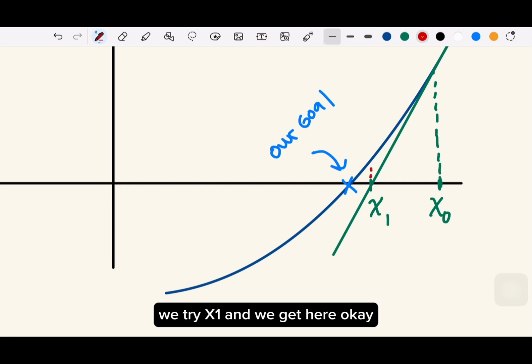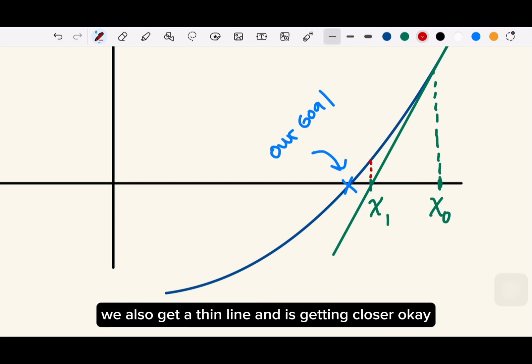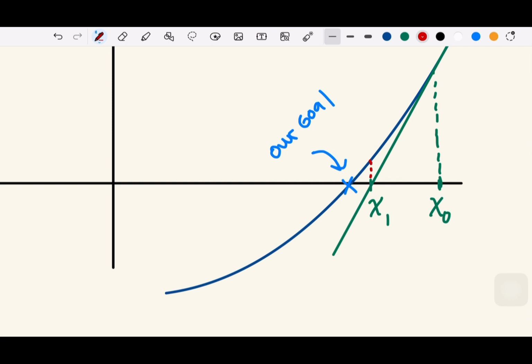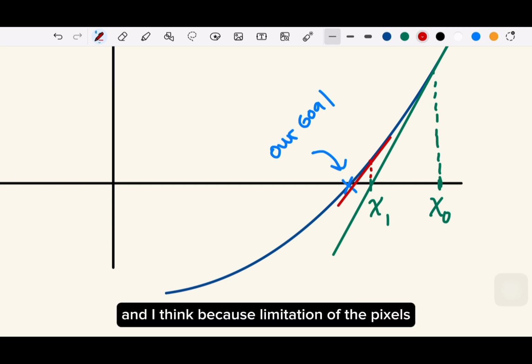We try x1 and we get here. At this point we also get a tangent line and it's getting closer. Because of the limitation of the pixels, you'll see that this is almost getting closer.